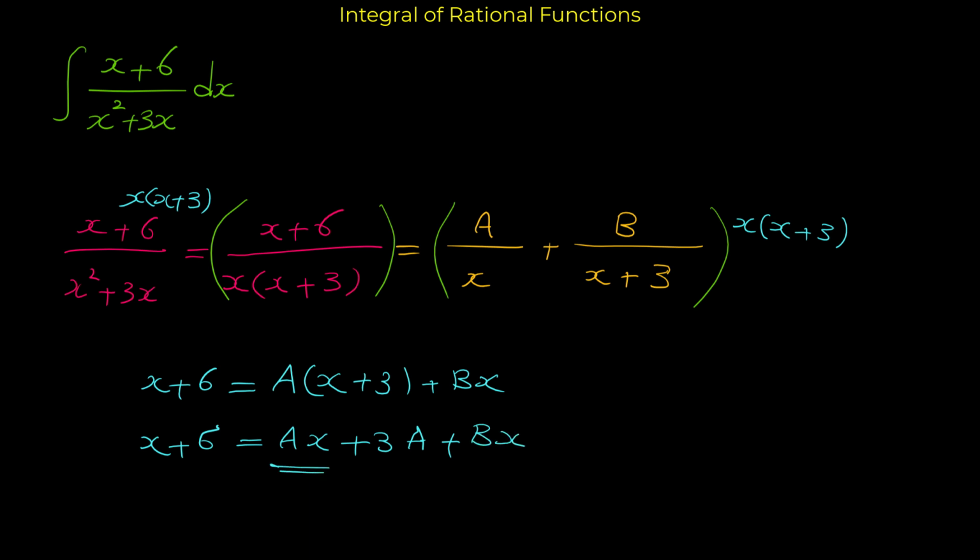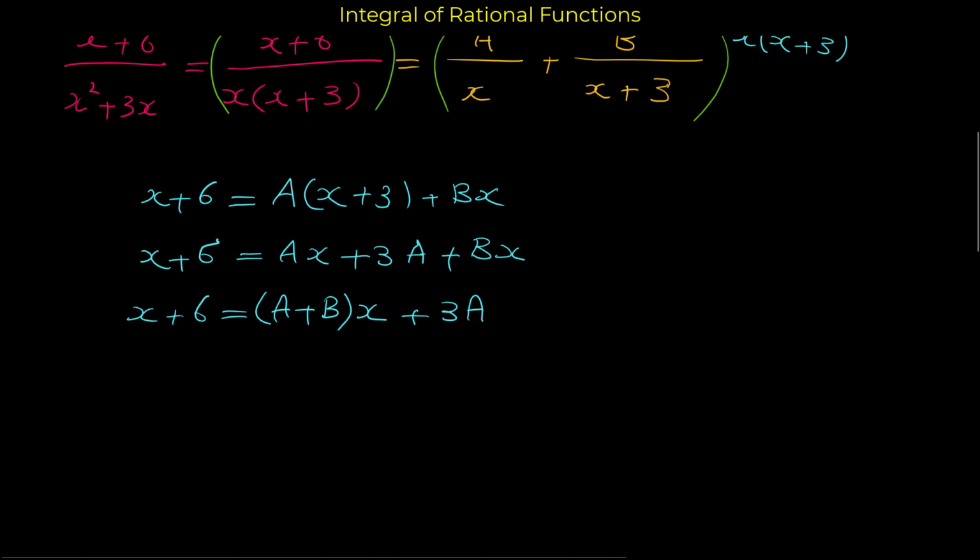If you pay attention, these two terms have x in common. So we can factor x from these two terms. And then we have x plus 6 equals A plus B times x, and then we have these 3A.